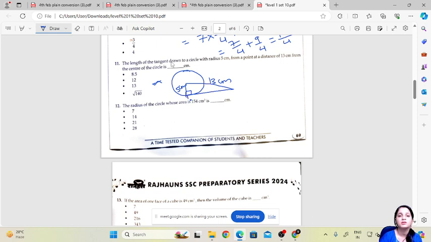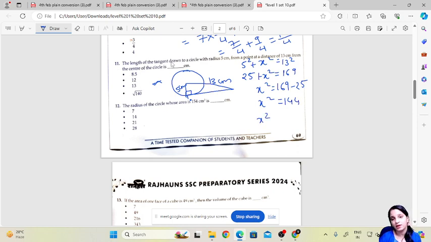So 5 square plus x square equal to 13 square. So 5 square is 25 plus x square equal to 13 square, which is 169. X square will be 169 minus 25, and x square will be 144. So when the square goes on the other side it becomes root. Root of 144 is 12, which is the answer.